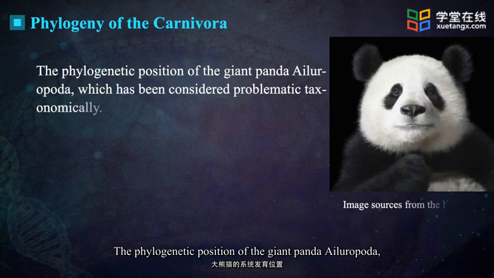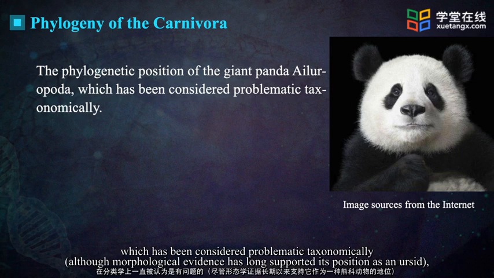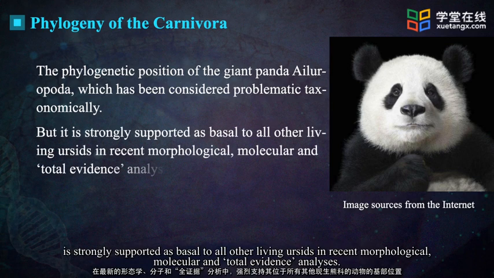The phylogenetic position of the giant panda, Ailuropoda, which has been considered problematic taxonomically, although morphological evidence has long supported its position as an ursid, is strongly supported as basal to all other living ursids in recent morphological, molecular and total evidence analyses.